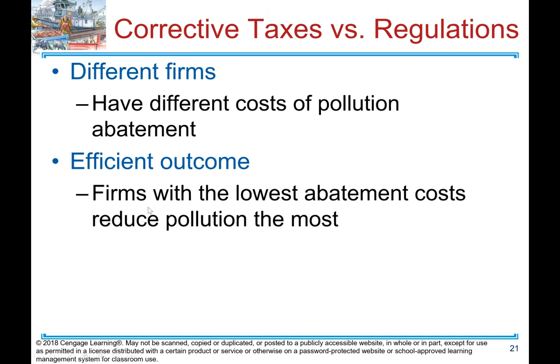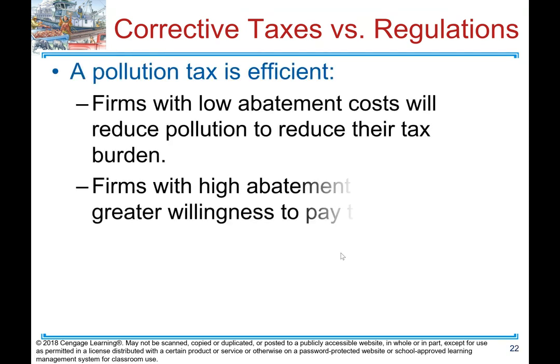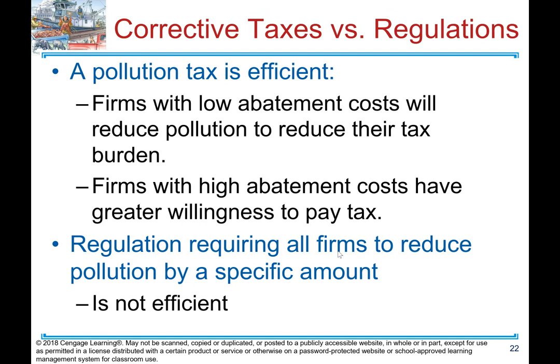Different farms have different costs of pollution abatement. For an efficient outcome, therefore, the farms with the lowest abatement cost will reduce pollution the most. A pollution tax is efficient.